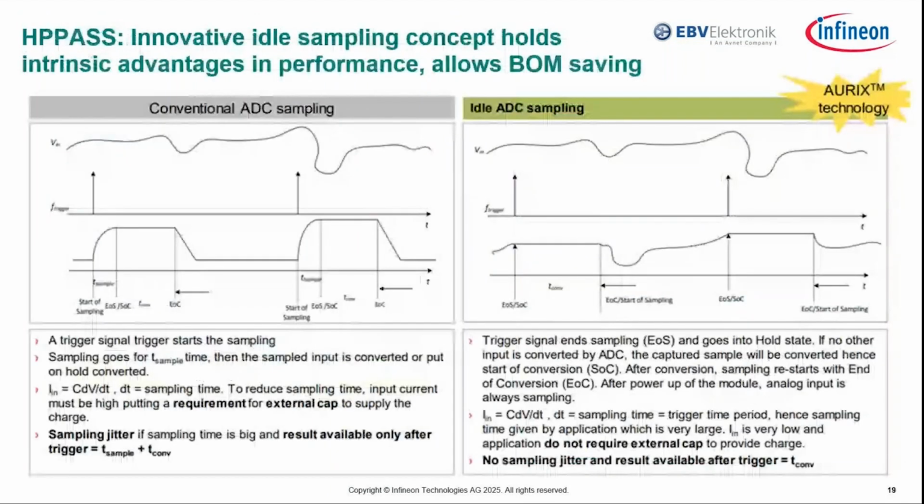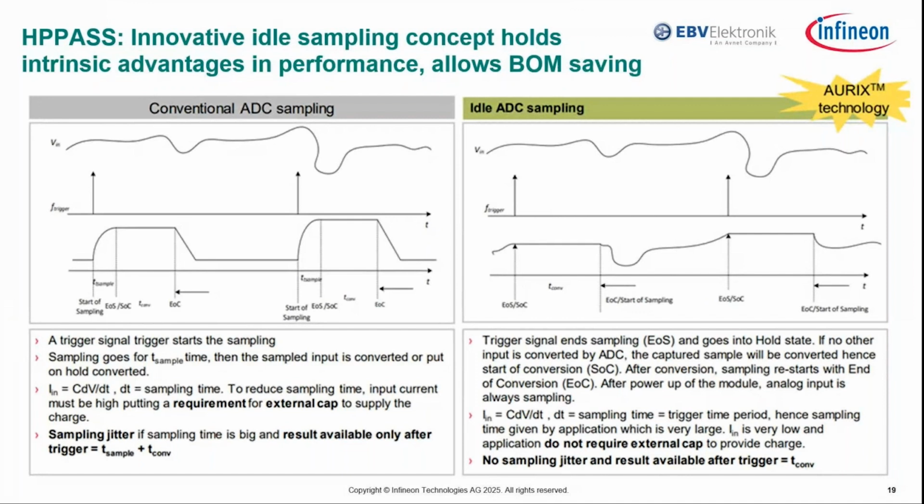And now let's take a closer look at the idle ADC sampling feature we mentioned earlier but postponed diving into the details. In conventional ADC sampling, the sampling starts with a trigger signal and conversion happens after the sampling is complete.